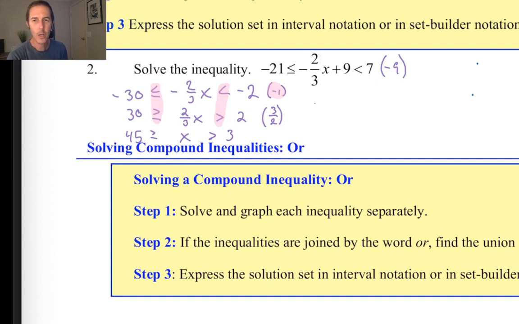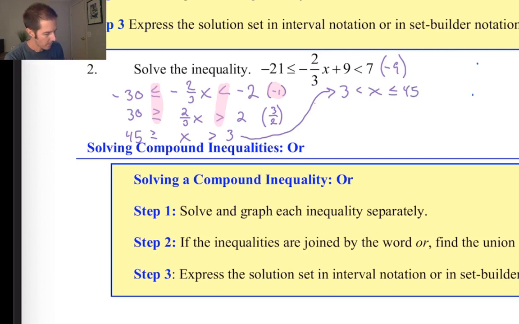This is a little weird because it's kind of backwards. 45 on the number line is not to the left of the number 3. So I'm going to rewrite this again, sort of taking the entire statement and flipping it. 3 will be on the left-hand side, less than x less than or equal to 45.